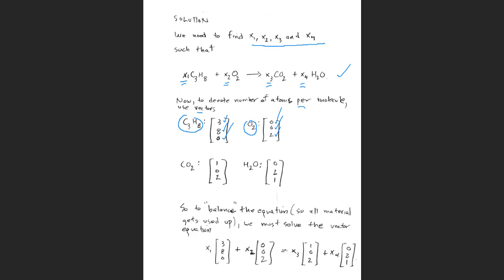You see, the first entry is the number of carbon atoms, the second entry is the number of hydrogen atoms, and the third entry is the number of oxygen atoms. CO2 can be represented by the vector (1, 0, 2), and H2O can be represented by the vector (0, 2, 1).